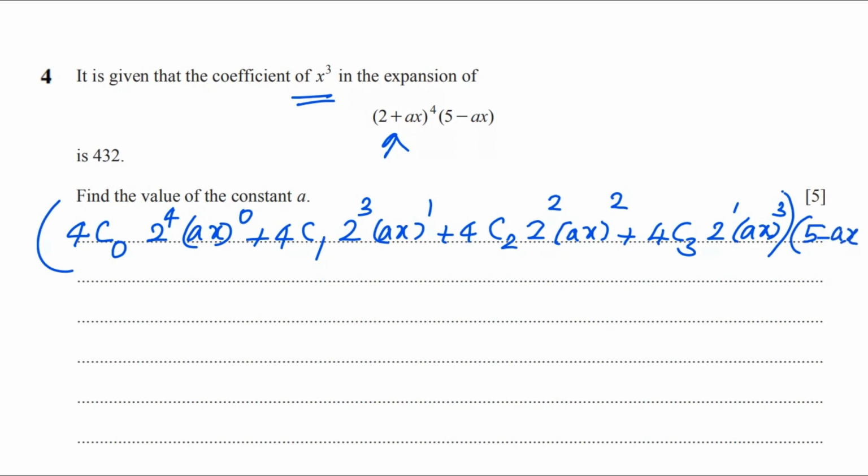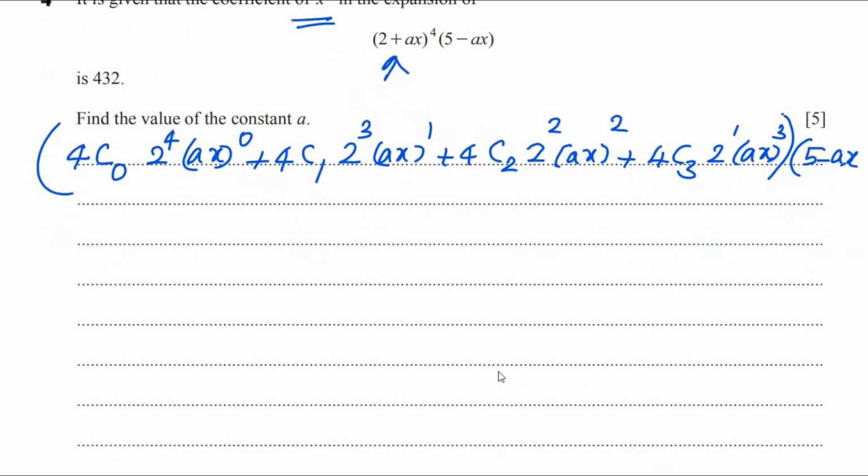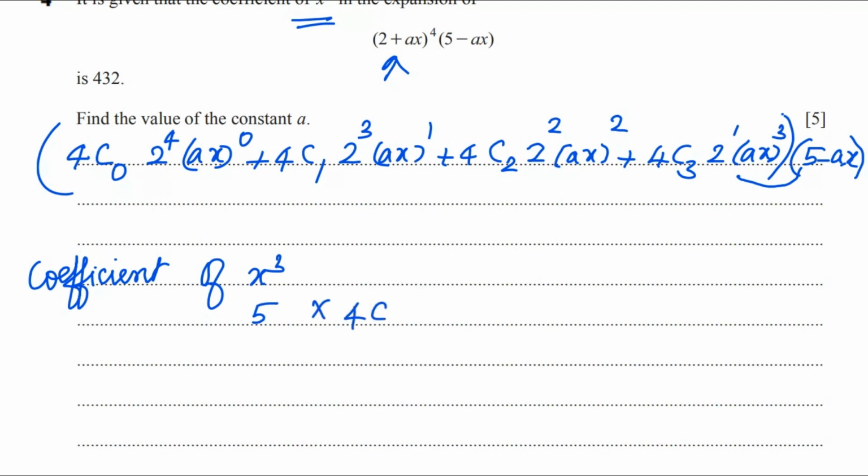Okay, now what is the coefficient of x cube? When 5 is multiplied by the x cube term, you'll get x cube: 5 multiplied by 4C3 2a cube.